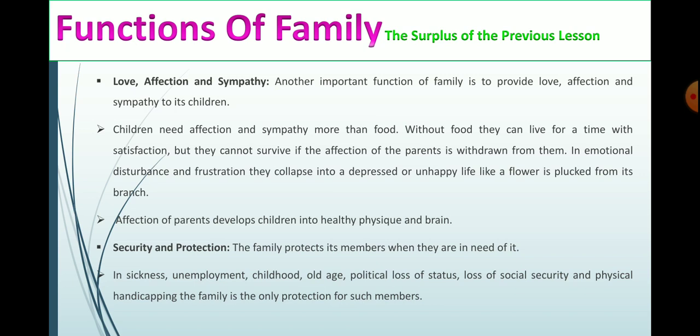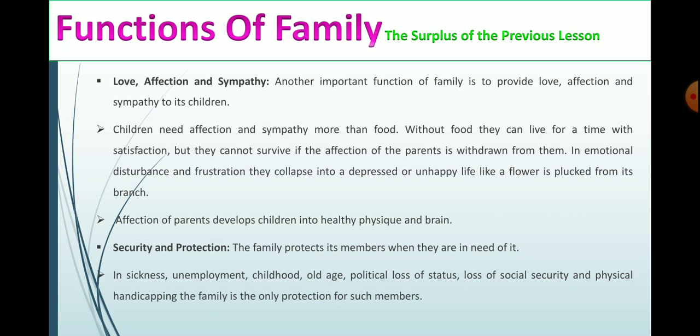In the previous session, if you have it in your minds, we went through some points that were love, affection, and sympathy, which were related to family. And here we will go through these terms in more detail. Love, affection, and sympathy are the principles of a family.